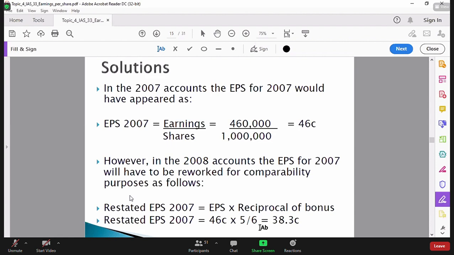Therefore, you will get 38.46, so about 38.3 cents. This is the restated amount. So you cannot compare 46, you have to compare 38.3 cents.